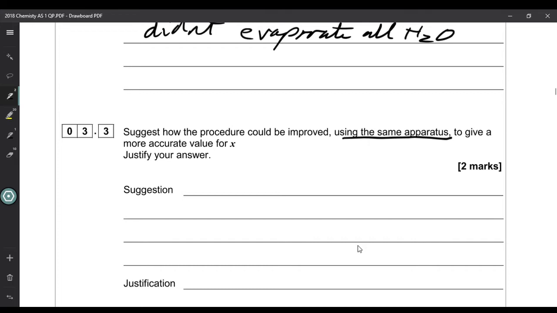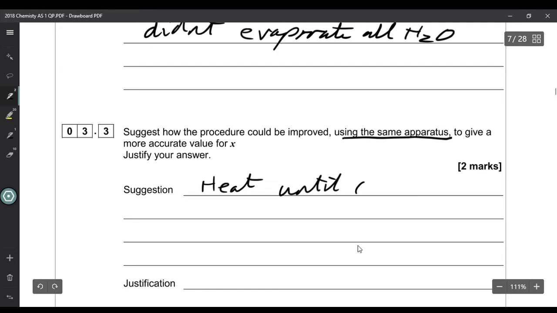Now the best way to do this is just to keep heating it until we get a constant mass, because if the mass doesn't continue to drop after heating it, we know we must have got rid of all the water. So the suggestion would be to heat until we get a constant mass.